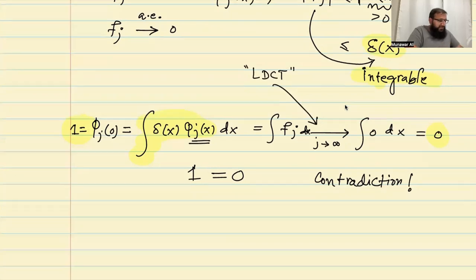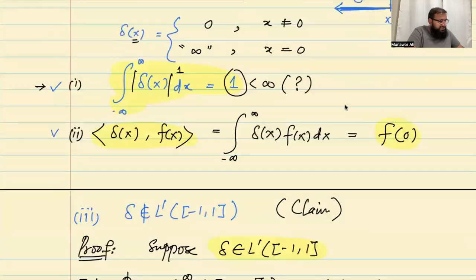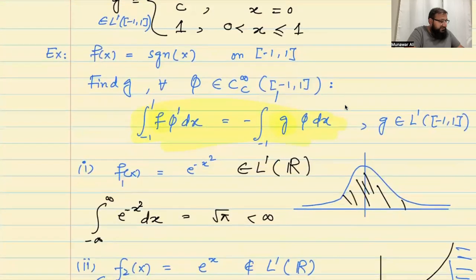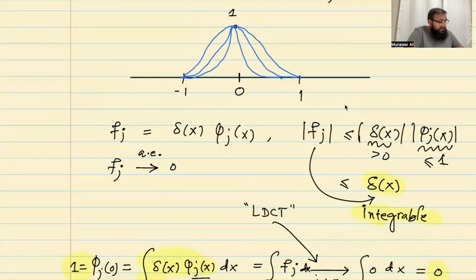Okay, I'm not going ahead, and I'm just going to discuss what the derivative is of the function f that we have defined so far, the sine function, and we have to satisfy this relationship for a g which is in L1.